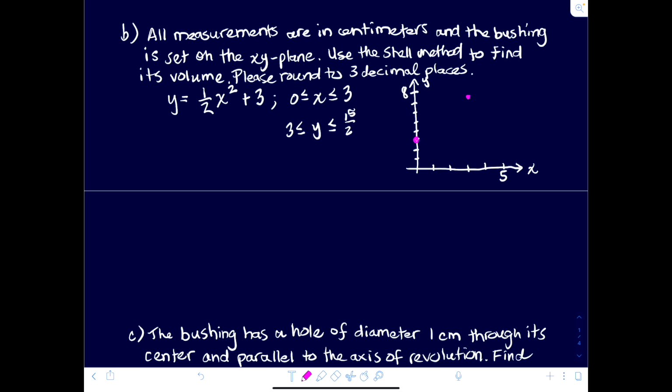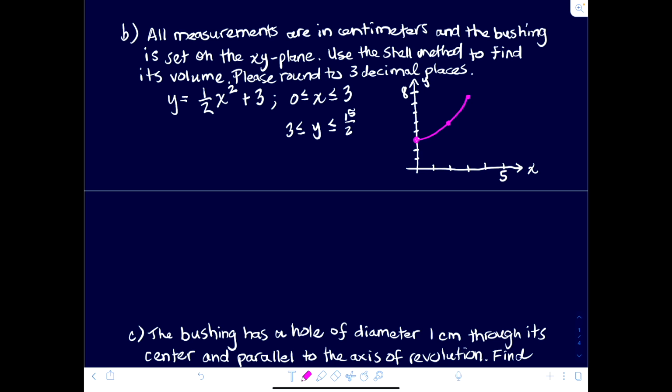So about here. And remember this shape, if you need to get a value in between, when x is 2, what would we get? That'd be 4 halves plus 3, so we get 5. This one is our bottom graph.